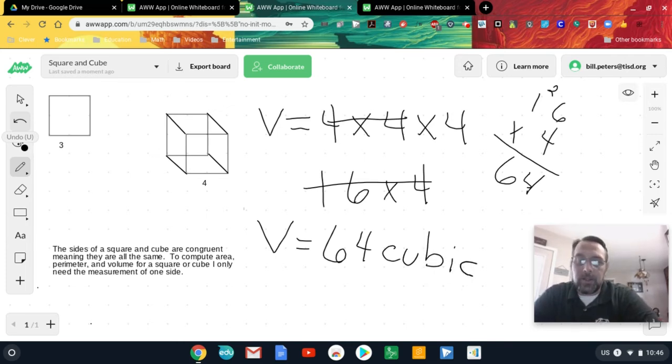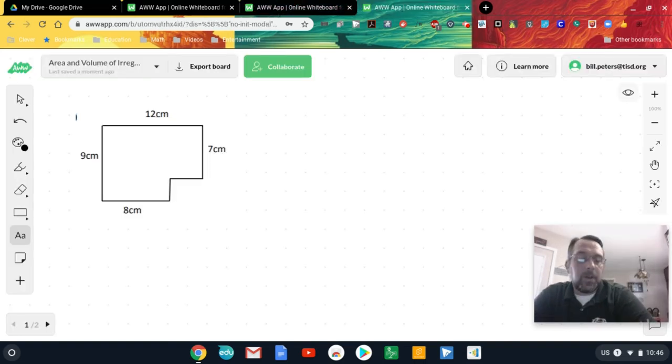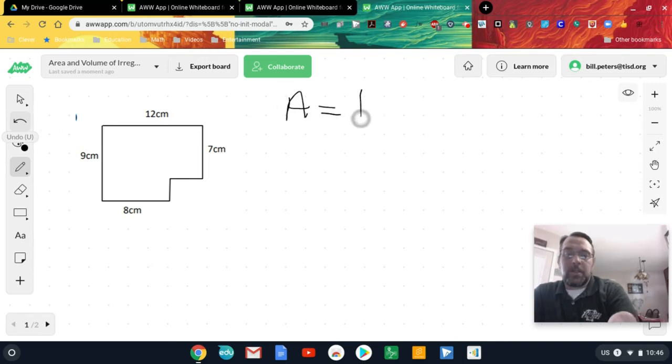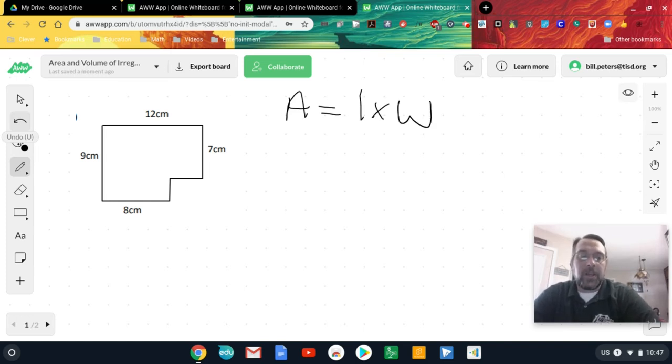Now let's take a look at what it will look like if we have an irregular shape. Let's start off with the area of an irregular shape. So I already know that my formula for area is length times width. But I have a little bit of an issue. I have to label these 2 missing sides. Turn this irregular shape into 2 regular shapes.